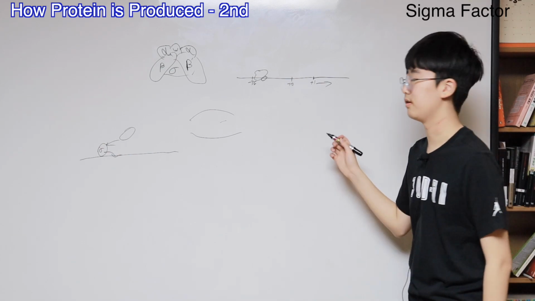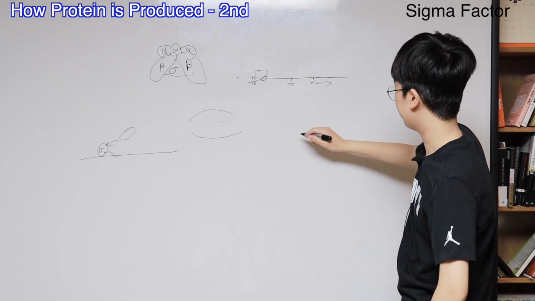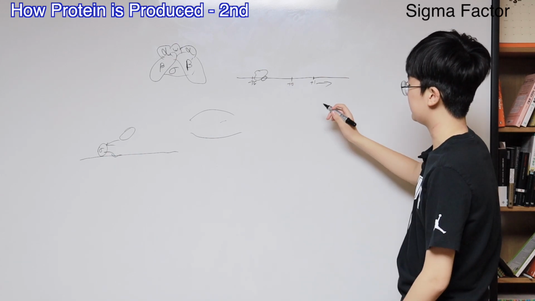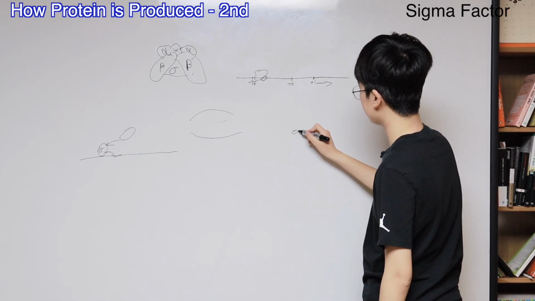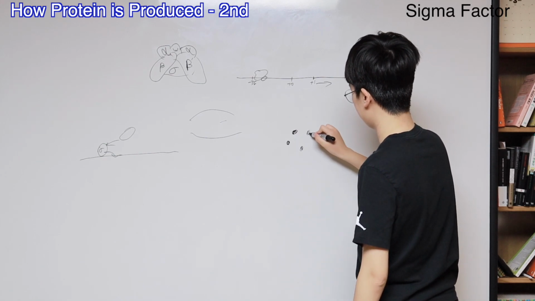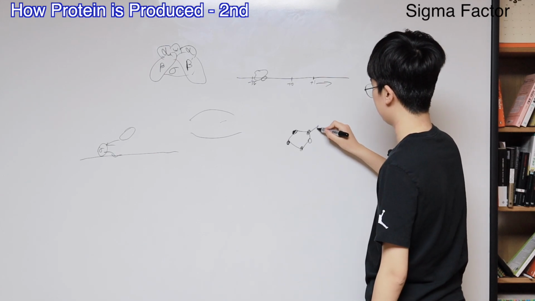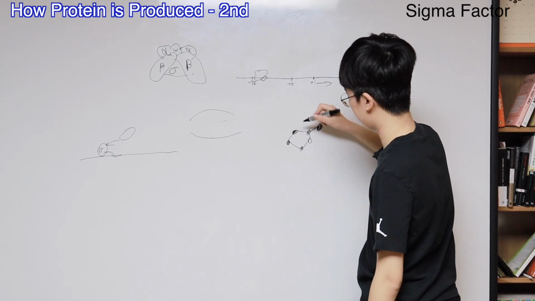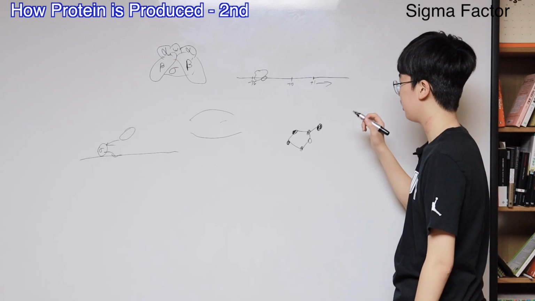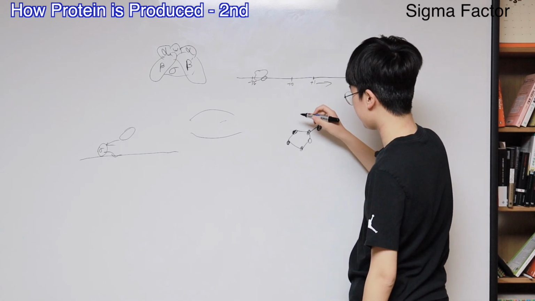I don't know if you remember, but a part of DNA kind of looks like this. The black things are carbon, and the white things are oxygen.